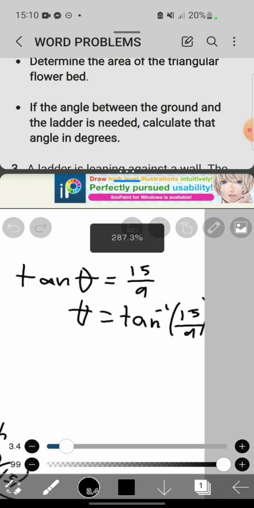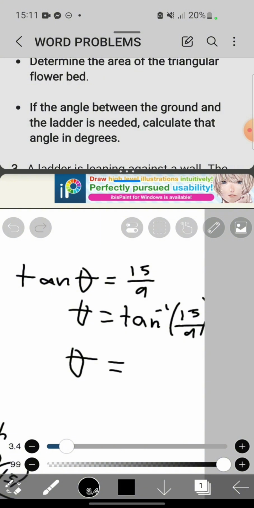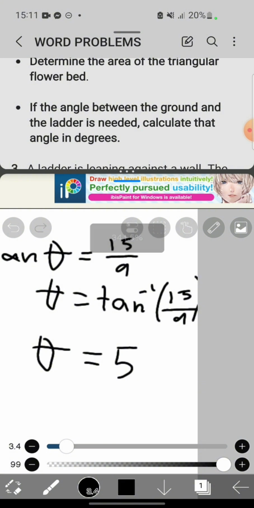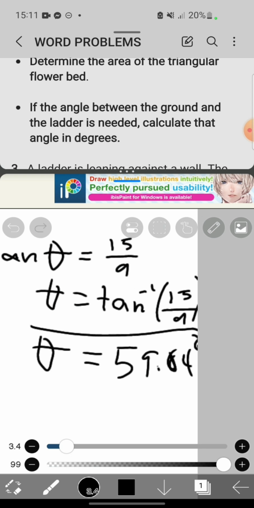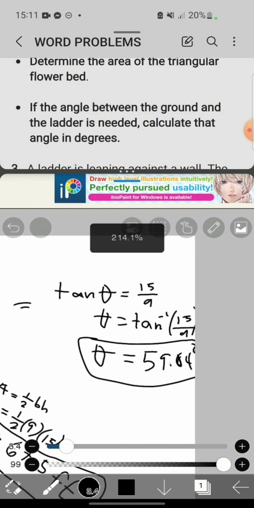Just solve in your calculator and we can get 59.04 degrees. So this is the answer for question number 3.